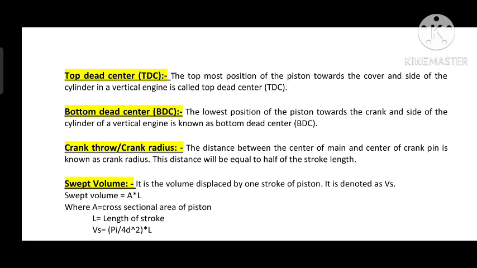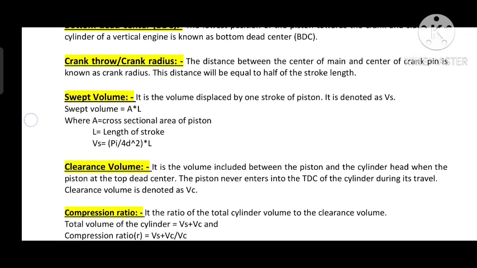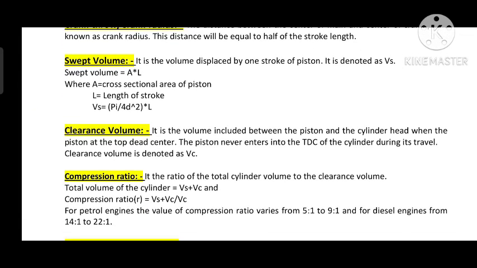So swept volume is equal to pi by 4 d square into L. Next is your clearance volume. It is the volume included between the piston and cylinder head when the piston is at top dead center. It is denoted as Vc.